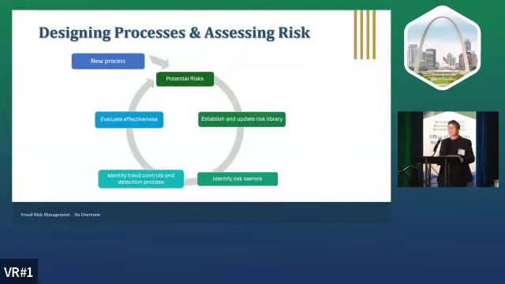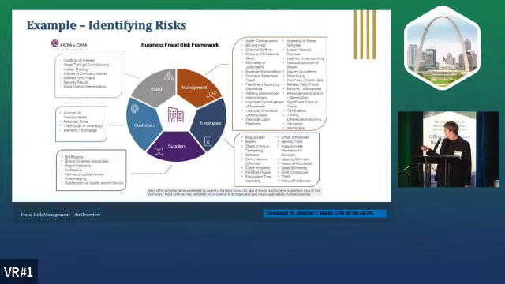The first thing I need to do is try and figure out what my potential risks are. Well, how do I do that? This is from the AICPA and the CIMA. That's the American Institute of Certified Public Accountants, and I'm not even going to be able to get to the second one today. But this is just for a general business, but you need to do something like this for your organization. You need to say, well, what does my organization consist of?